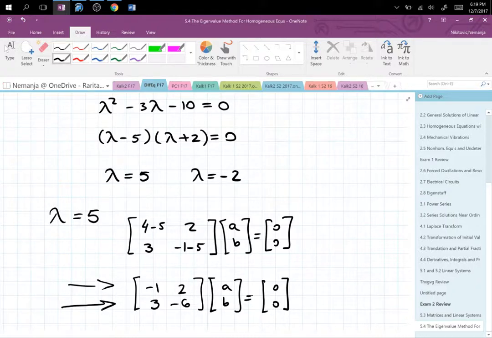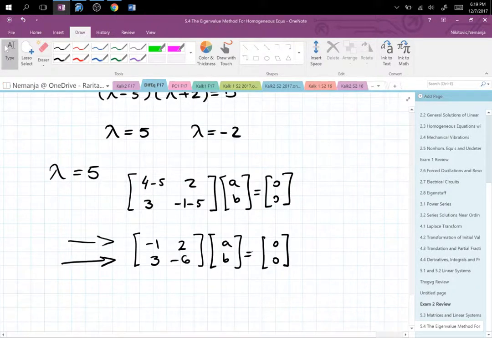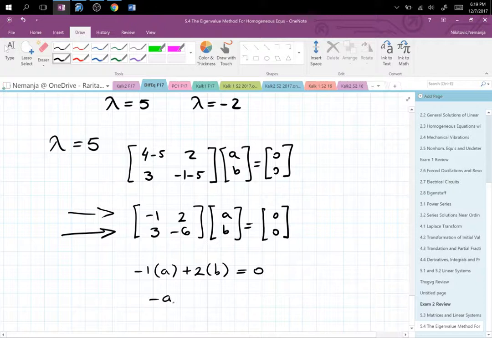And now you come up with the equation. When you do this multiplication, you will get -1 times a plus 2 times b equal to 0. So this is -a plus 2b equal to 0. Now this equation is what you can use to get your vector, because you know that the vector is of the form a and b.